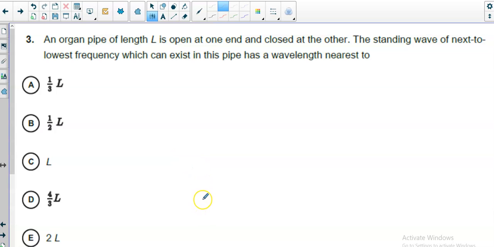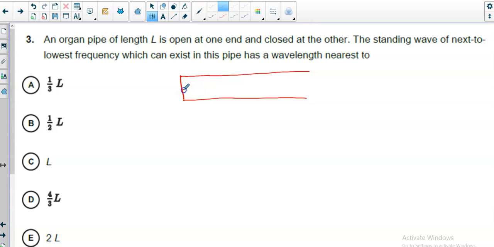Organ pipe of length L is open at one end and closed at the other. Standing wave of next to lowest frequency which can exist in this pipe has a wavelength nearest to. All right, so open at one end, closed at the other.